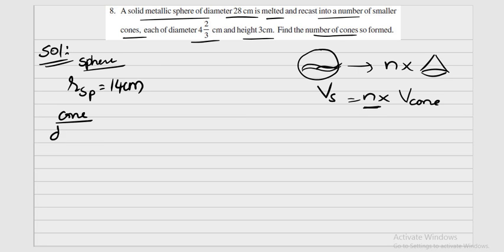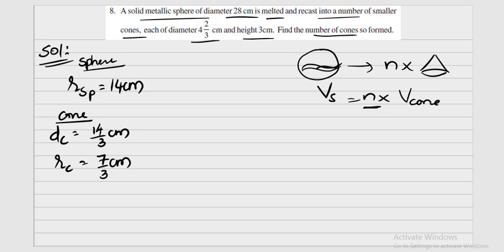So diameter of cone is given as, 4 2s are 8, 8 plus 2, 10/3 centimeters. Sorry, 10/3 or 14/3. It is 14/3 because 4 3s are 12, 12 plus 2, 14/3. So clearly radius of cone is 7/3 centimeters because we need to divide by 2, right?